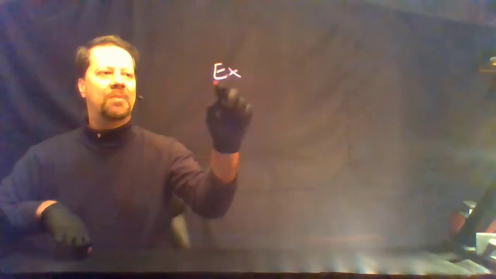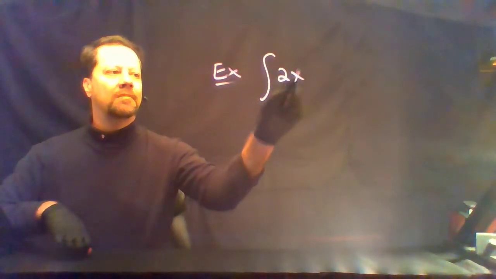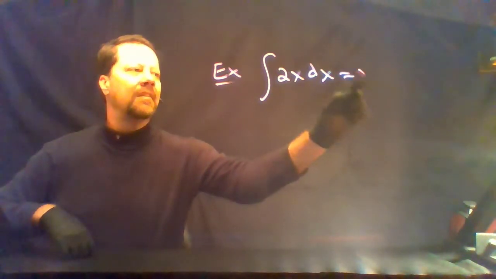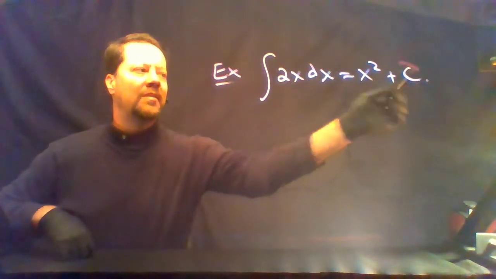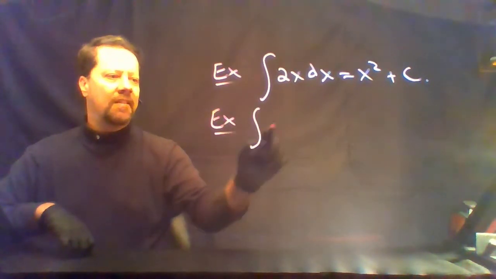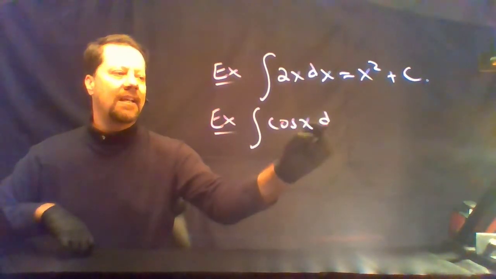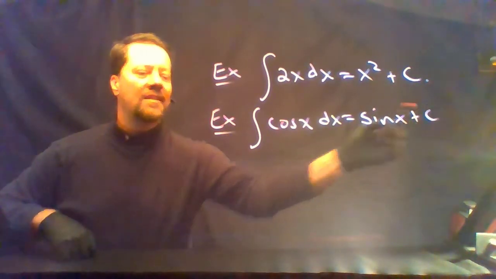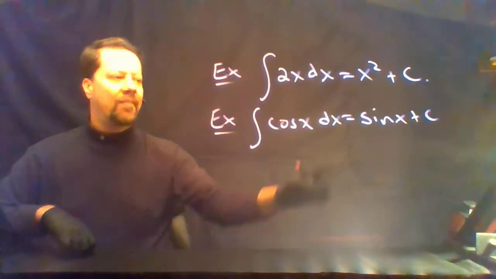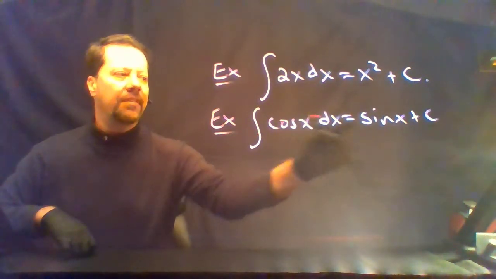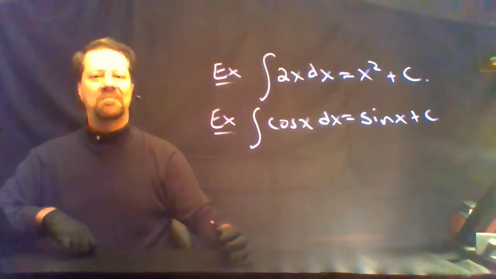So for example, the indefinite integral of 2x is x squared plus c. The indefinite integral of cosine x dx is sine x plus c. The derivative of sine is cosine. So an antiderivative of cosine is sine.